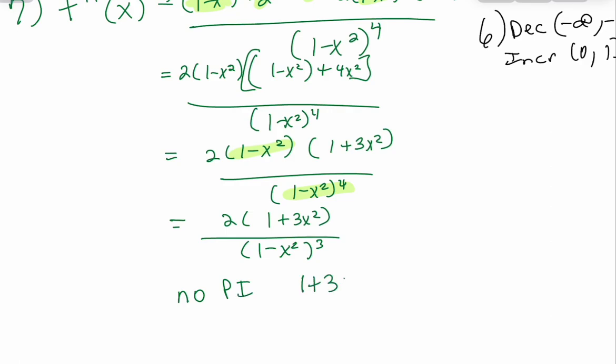Because 1 plus 3x squared, if you set it equal to 0, is 3x squared ever going to equal negative 1 in the real numbers? No. So there's no points of inflection, but you do need to make a second derivative chart to see what the concavity is, okay?